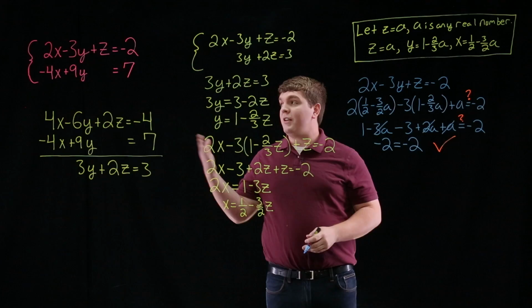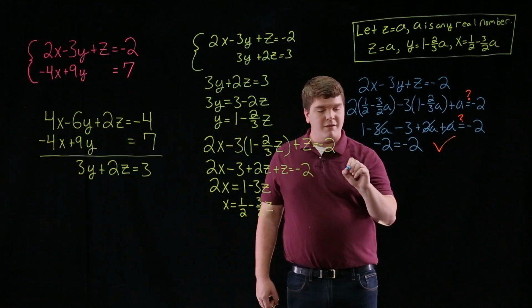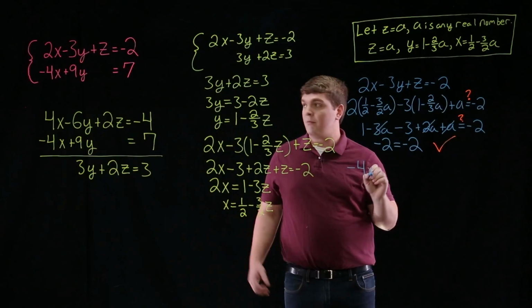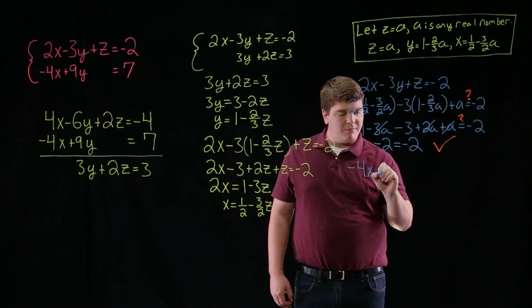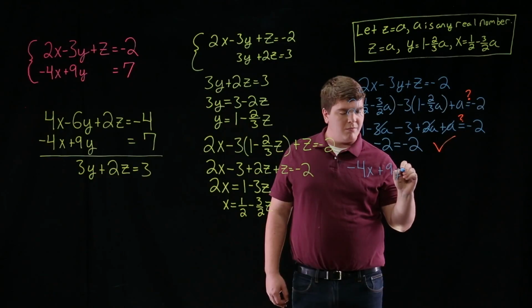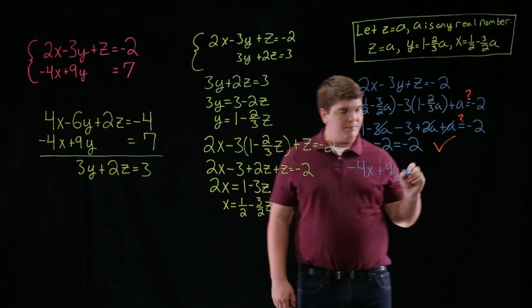Next, we'll substitute these into our second equation. Negative 4x plus 9y equals 7.